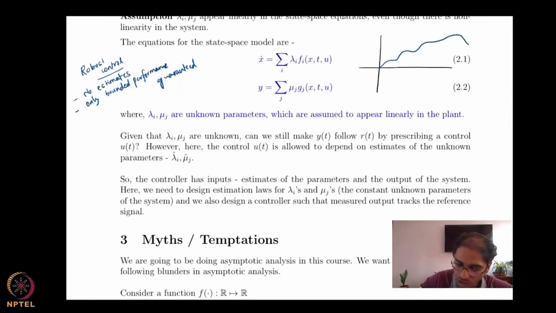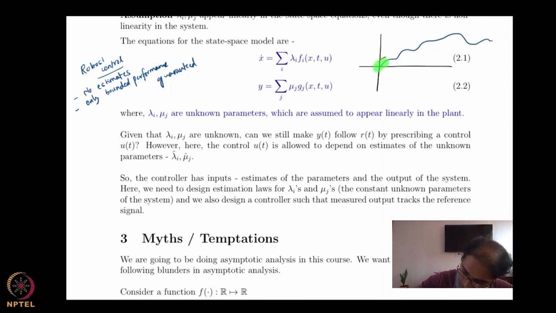A typical robust controller will only guarantee that you remain somehow in a neighborhood. As you can see, I've drawn it using a thick line to indicate that you will remain in a neighborhood of this, given whatever uncertainties in the system, structured and unstructured and so on and so forth.